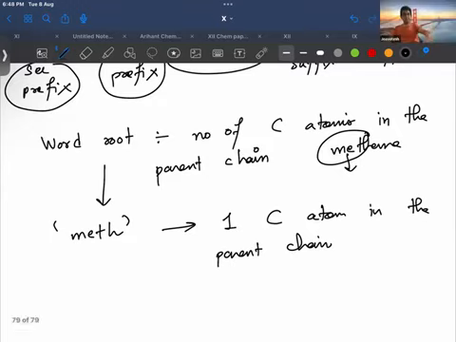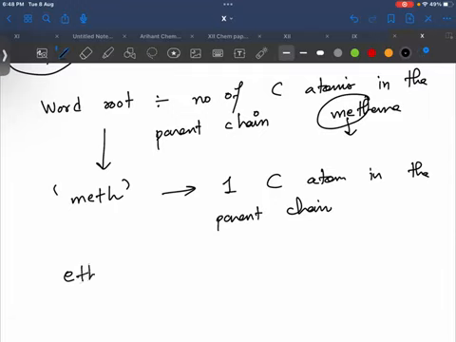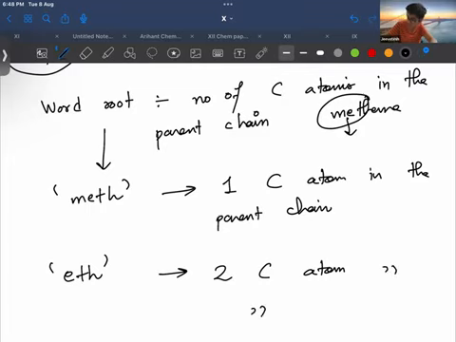Okay, so if the word root is eth, then there are two carbon atoms in the parent chain.